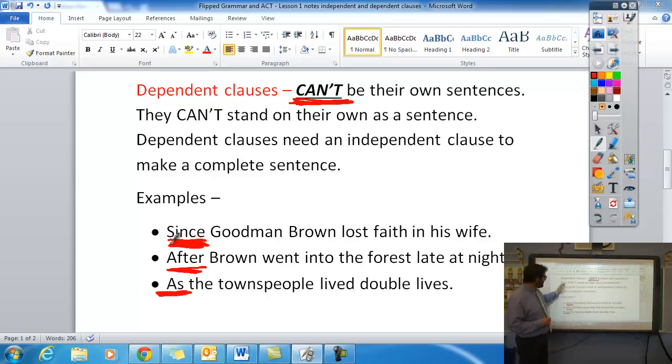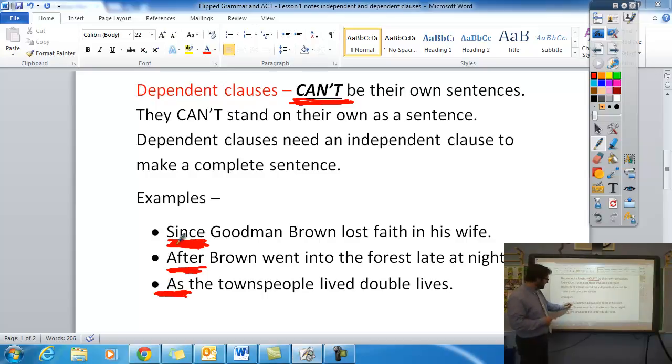And the reason why dependent clauses can't stand on their own is because of these subordinating conjunctions. And there's a bunch of words, right? If we took out "since," this would be a good sentence, right? Goodman Brown lost faith in his wife. That would be a good sentence. That would be an independent clause.